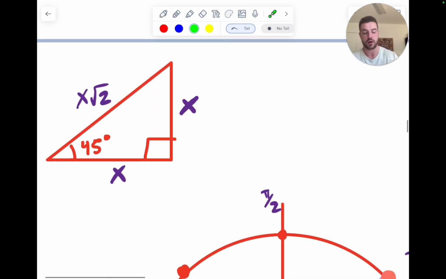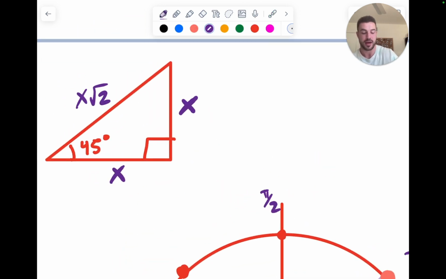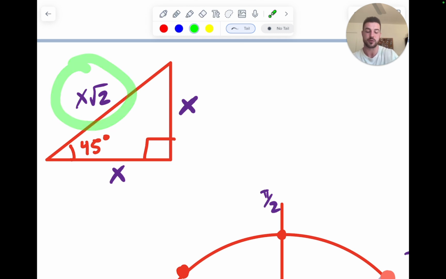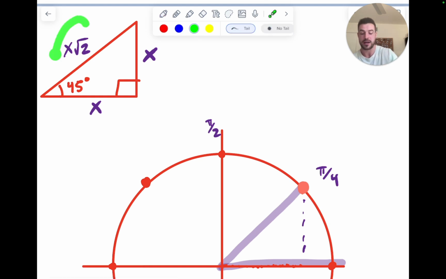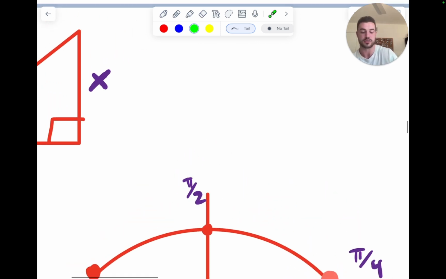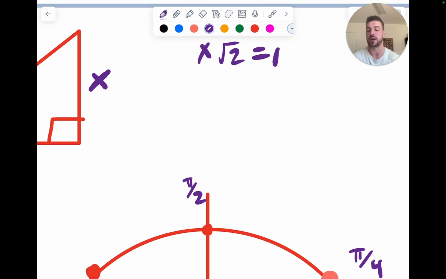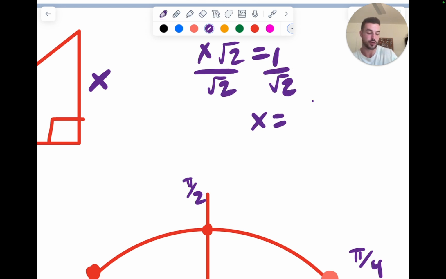It all comes off the idea that our unit circle has a radius of 1, so our hypotenuse right here coincides with this radius. The radius of the unit circle is 1, so that means that x√2 should be equal to 1. Now, all we have to do is get x by itself, which we did right here by dividing by √2.